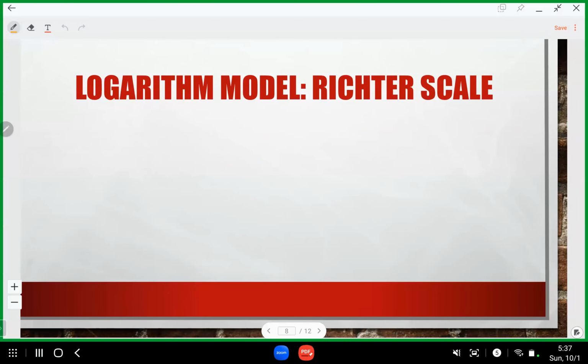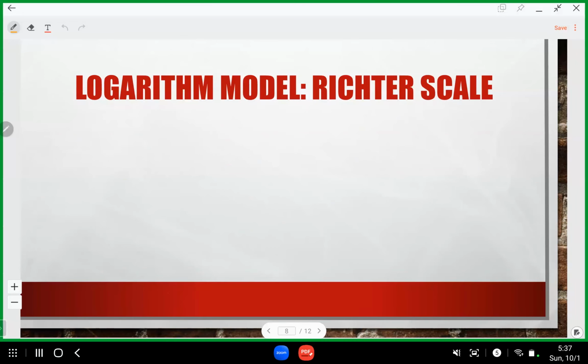The magnitude of an earthquake M on the Richter scale is given as follows. M, which is the magnitude, is equal to 2/3 log of E over E0. So first of all, this is the magnitude.